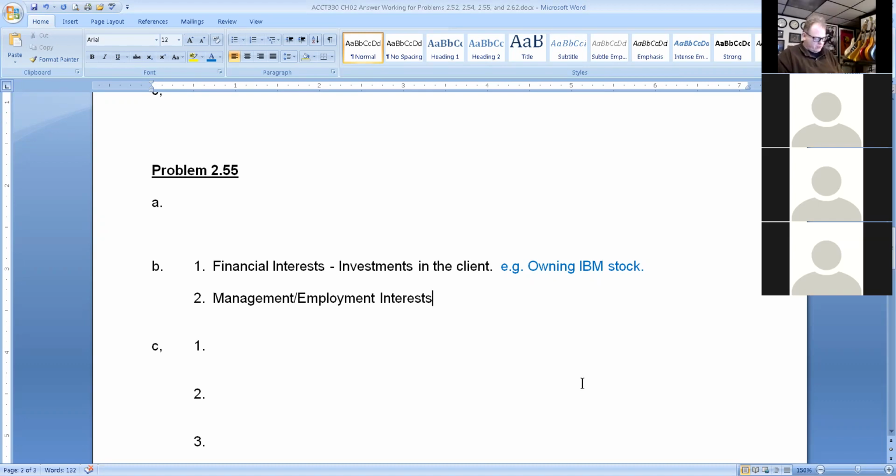Number 2 can come in a couple of scenarios. It could be auditors performing management duties, one form of it, being a no-no.